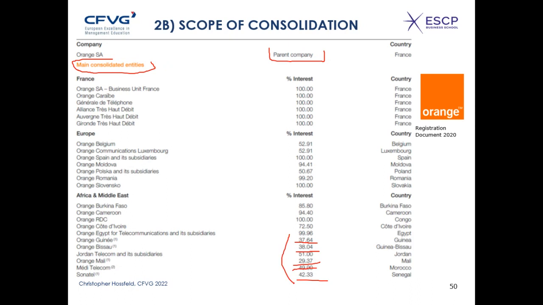Okay. How is that possible? Any ideas? How can I control another company if I hold only 40%, for example? Do you have ideas?